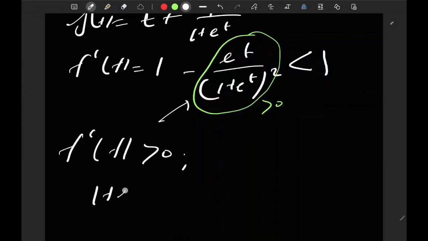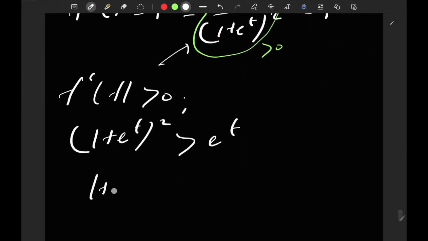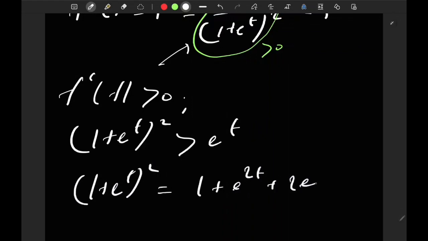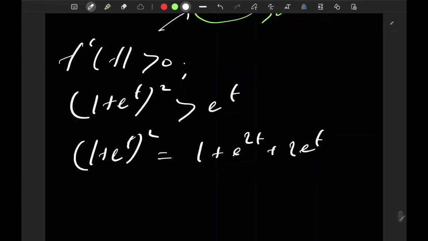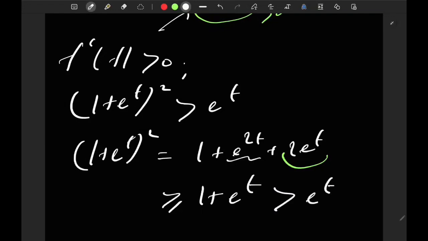Why? Because (1 plus e^t) squared is clearly strictly bigger than e^t. If you want to see it, you can just expand: (1 plus e^t) squared is equal to 1 plus e^(2t) plus 2e^t. At least I know that 2e^t is bigger than or equal to e^t, and e^(2t) is greater or equal to 0, so this is bigger than or equal to 1 plus e^t, which is strictly bigger than e^t, if you want a very simple proof.